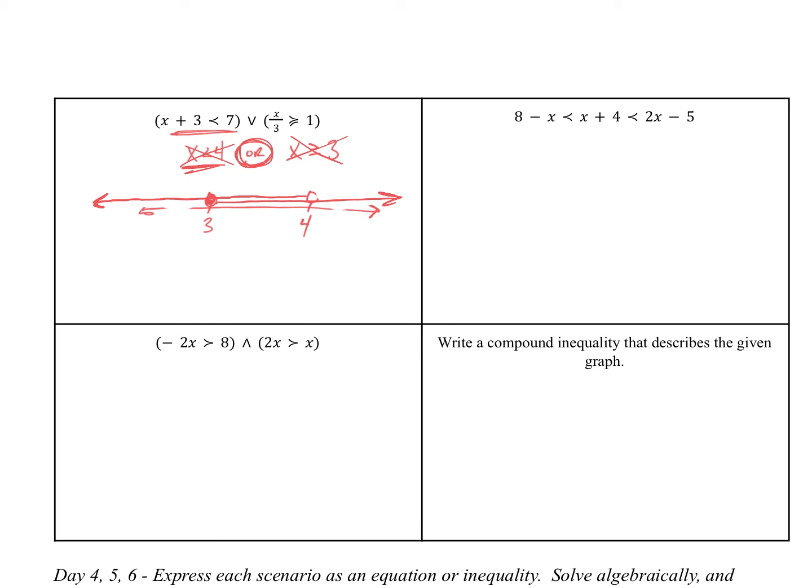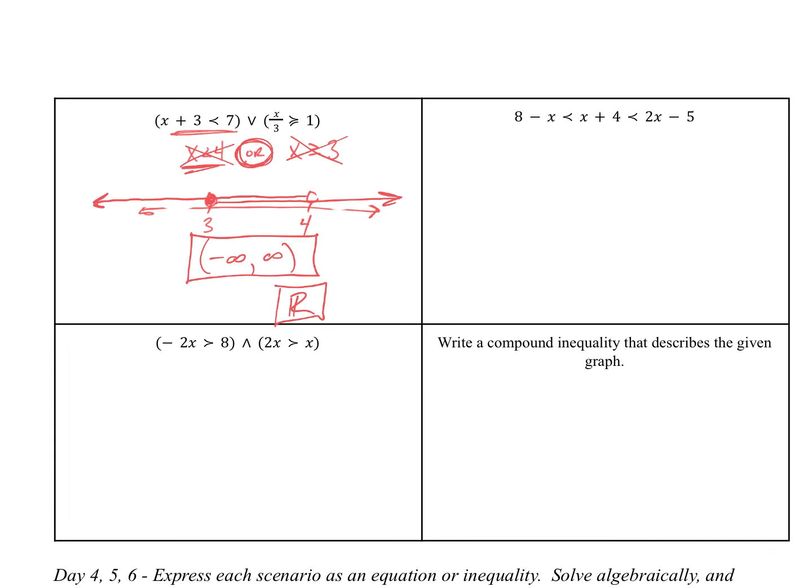And what you notice here is that every number from negative infinity all the way to infinity is covered under this statement. So my solution set is actually every real number. And this is another way that we could write negative infinity to infinity. So sort of a unique situation there. If we get a disjunction where the arrows overlap, then our solution is going to be all real numbers.